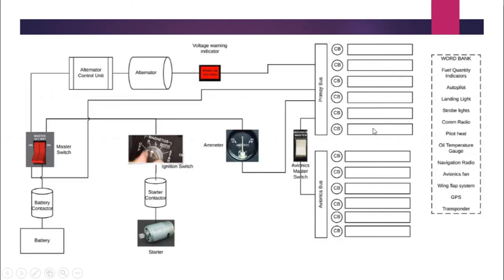And going back to this diagram, we've looked at all the stuff over here on the left, from the ammeter on over to the left. And these all are part of the primary bus.